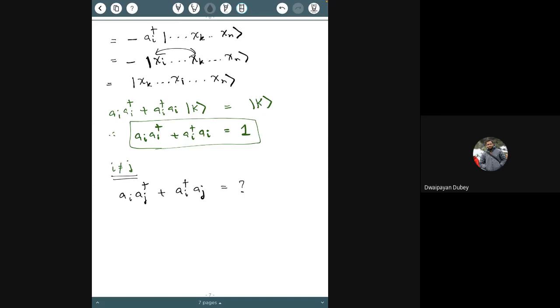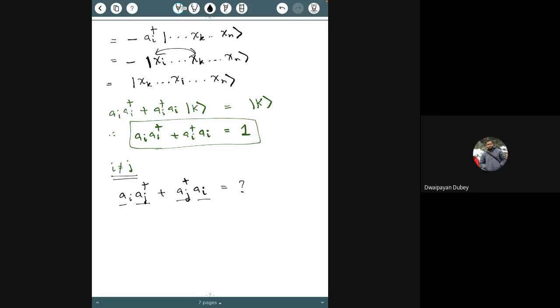One second. So I want to find out how to interchange a creation and an annihilation, the same ones: A_I A_J dagger, and the same operators, A_J dagger A_I. So that's why it wasn't working out.